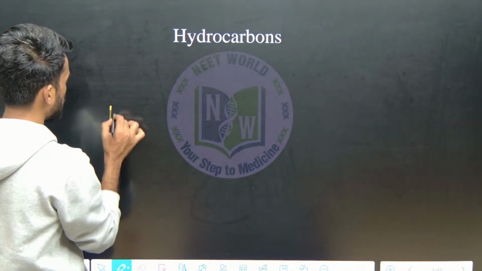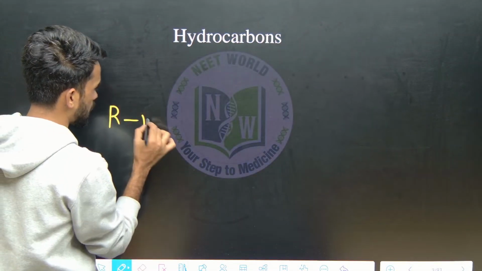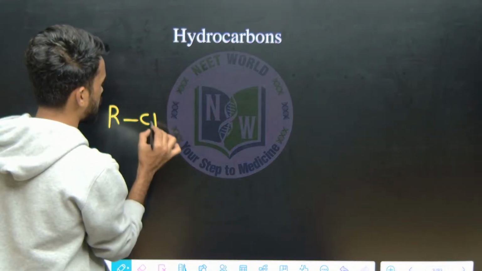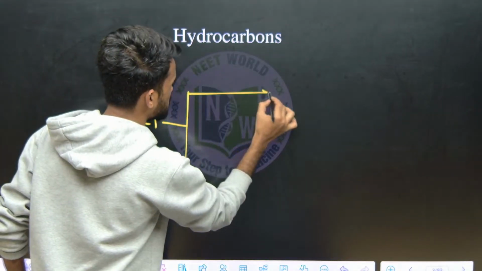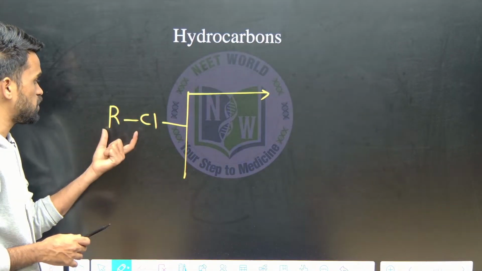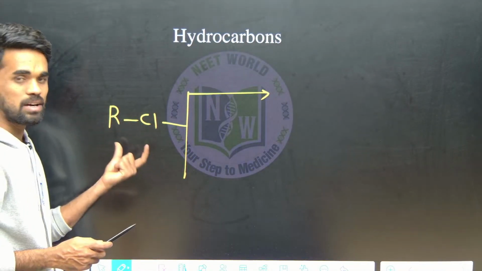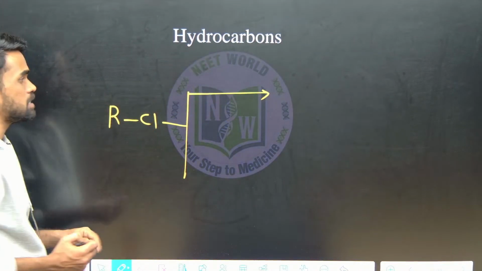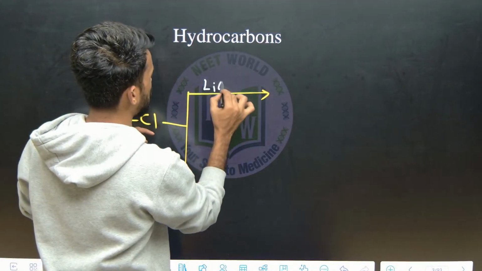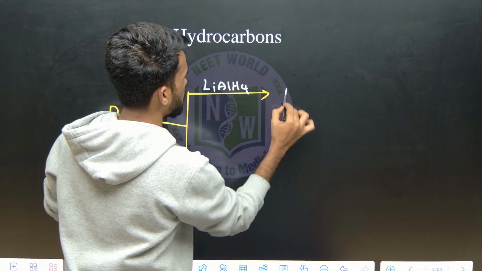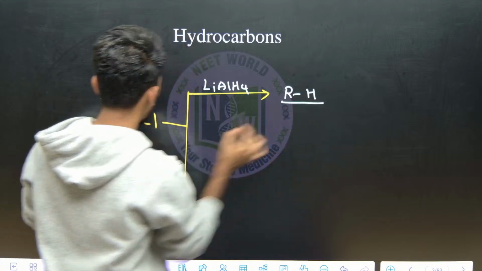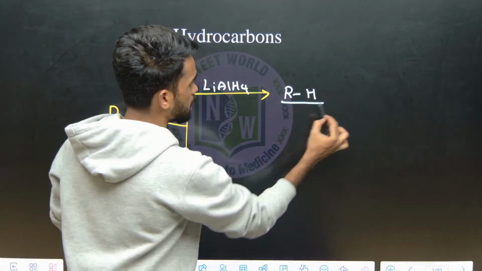If you take any alkyl halide like RCl, what are the methods used for conversion of alkyl halides like chlorides to the respective alkanes? You just treat this with lithium aluminium hydride, and it gives RH type of product, so alkyl halide gives alkane.